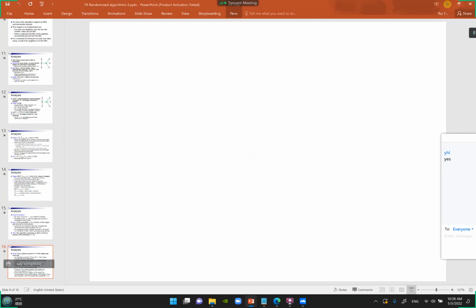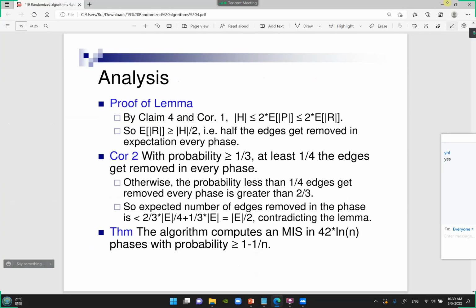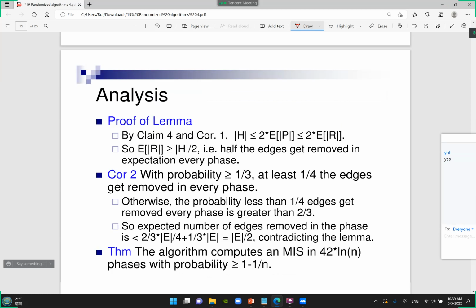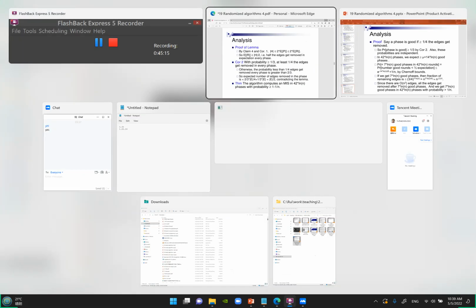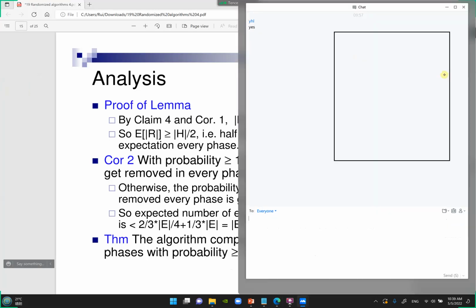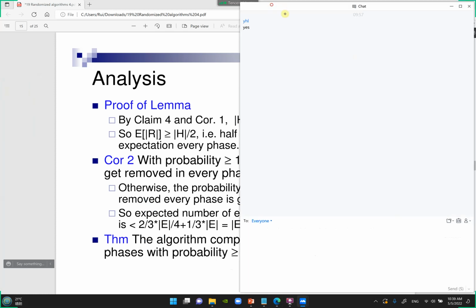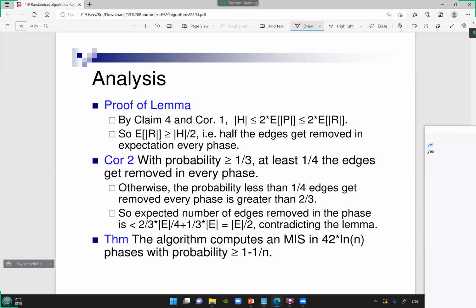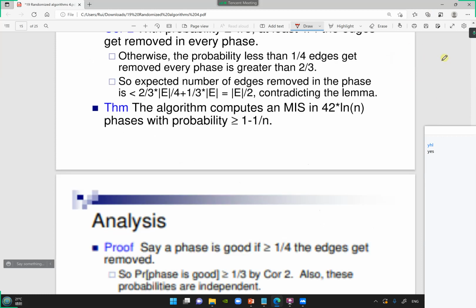There's a lot of lag on my computer, but let's see if this still works. See, I can't even scroll over here. This is ridiculous.